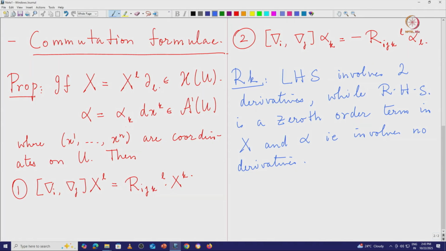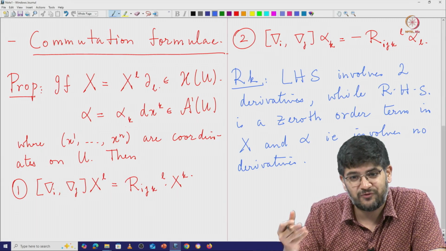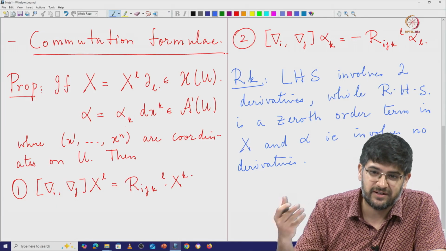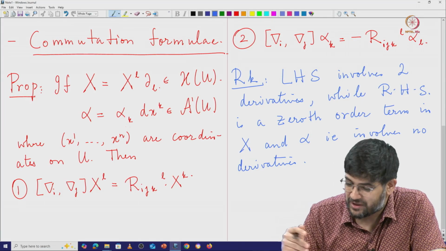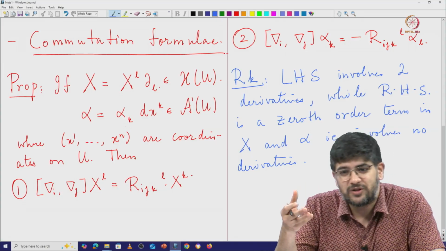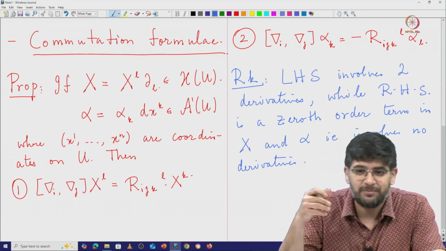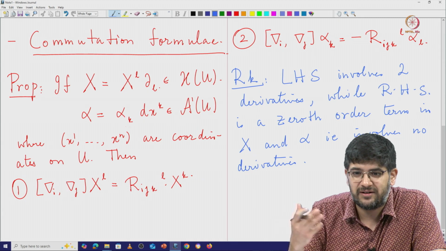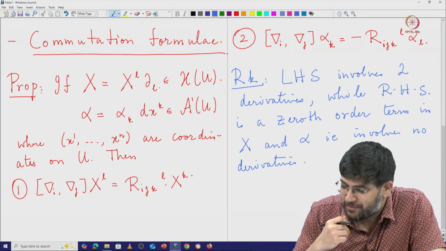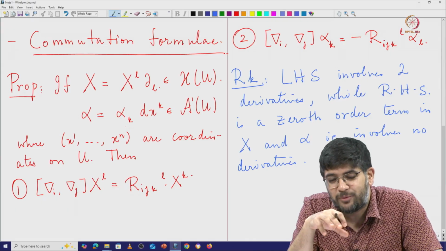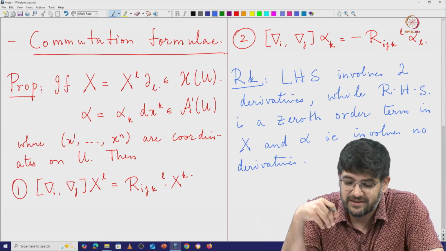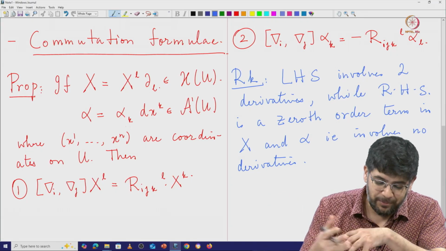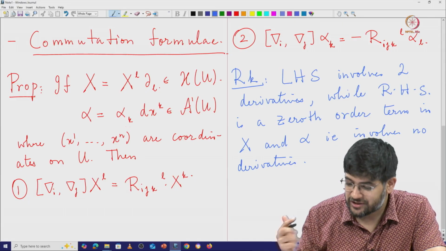So the resultant is a 0th order term. These sorts of formulae play a very important role in Riemannian geometry. I do not think in this course I will have time to discuss the Bochner formula, but that plays an important role in applying Riemannian geometry to obtain topological results, and those sorts of things depend on such commutation formulae. Okay.